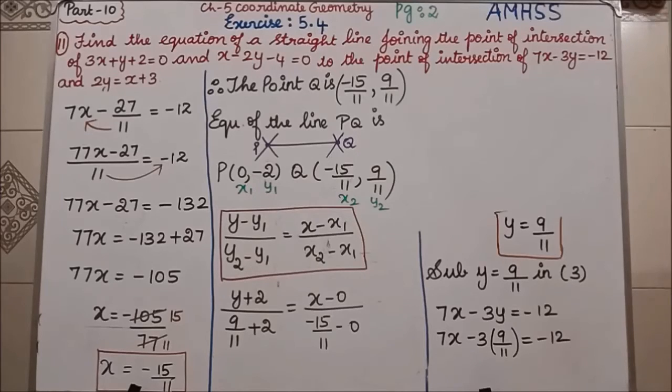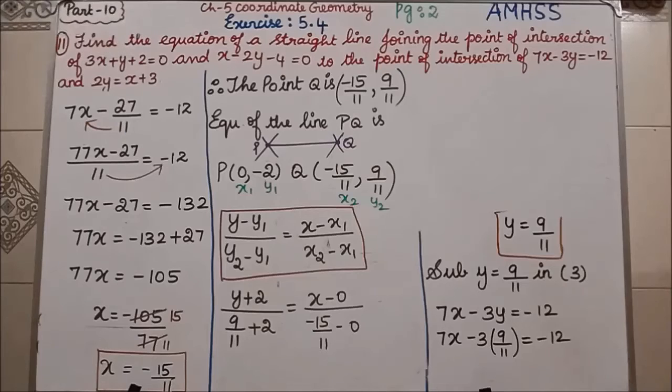Now using the 2 points we have to find the equation of the straight line. So what is the formula for that? y minus y1 divided by y2 minus y1 is equal to x minus x1 divided by x2 minus x1. We know which is x1, y1, x2, y2. I am just substituting: y minus y1. y1 is what? Minus 2.